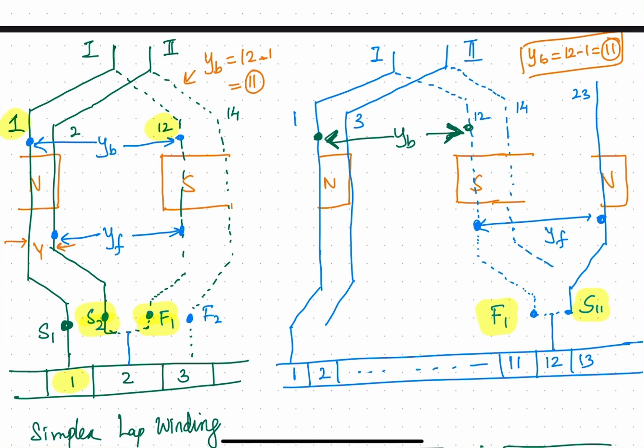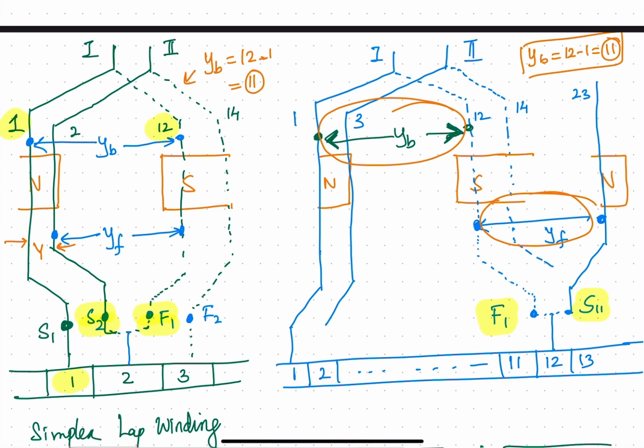On the other hand, if you see in case of the wave winding, it is this distance plus this distance, because we said that it's the distance between the starts of two consecutive coils measured in terms of coil sides.